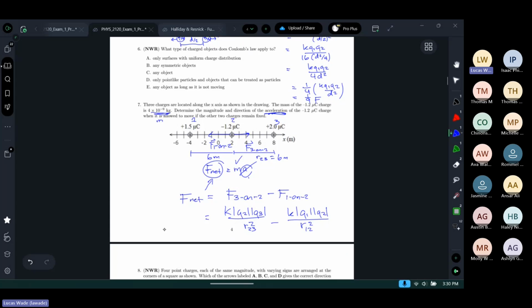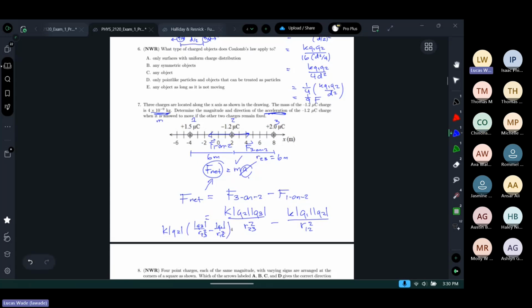I would, for this problem, factor out K and Q2 because they're common to both. And then Q3 over R23 squared minus Q1 over R12 squared.